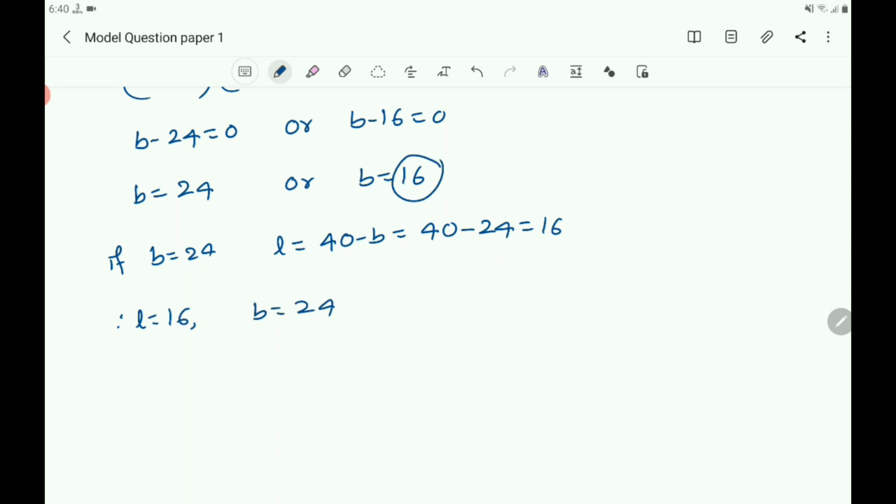And if you take 16, then you will get L equals 24. So two values are here. If L is 16, then b is 24. If L is 24, then b is 16.